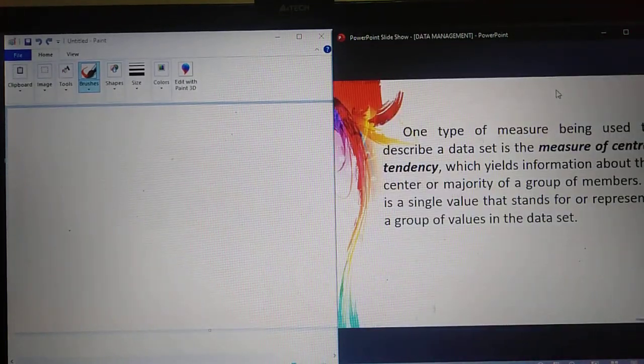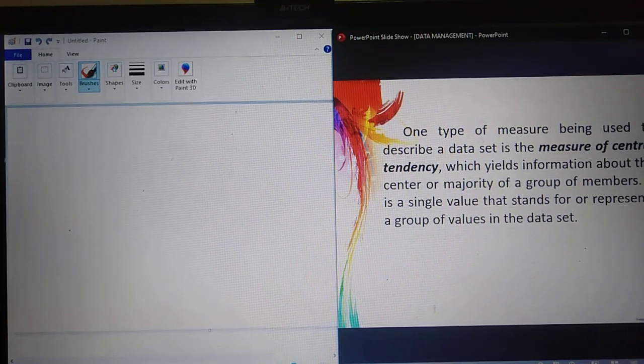So dito sa measures of central tendency, it is one type of measure being used to describe a data set which yields information about the center or majority of a group of members. Okay, we're just dealing with the center or majority of a group of members. It is a single value that stands for or represents a group of values in the data set.